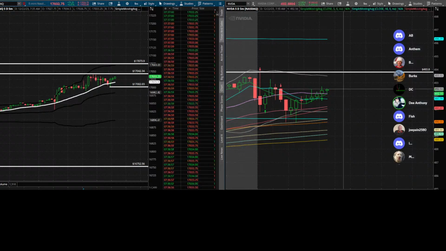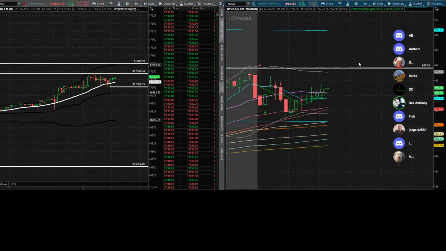These charts are wrong. I need to get more charts on this screen. Just keeping an eye on this NVIDIA, keeping an eye on this 1742 break on the NAS.